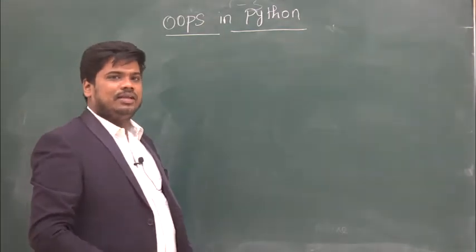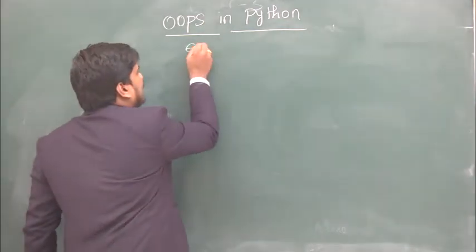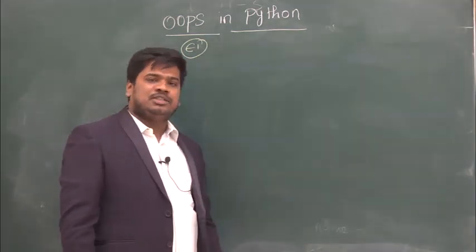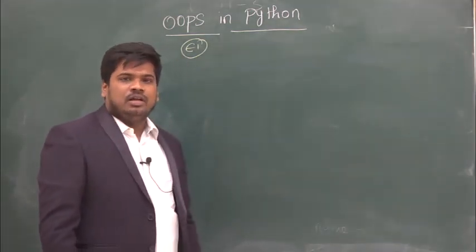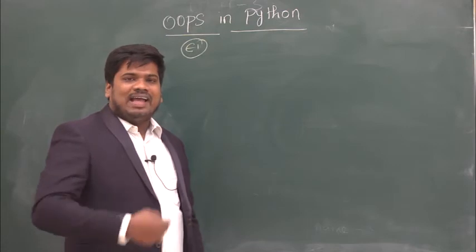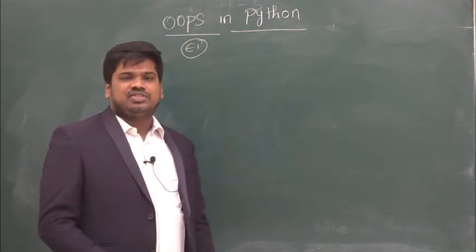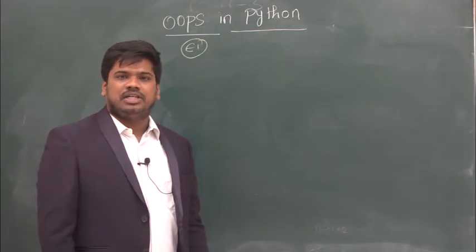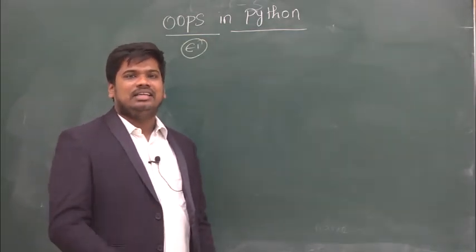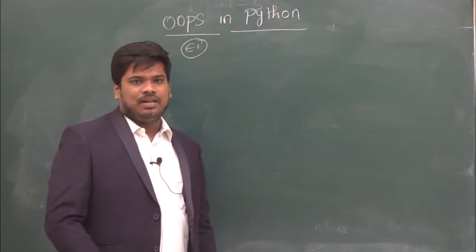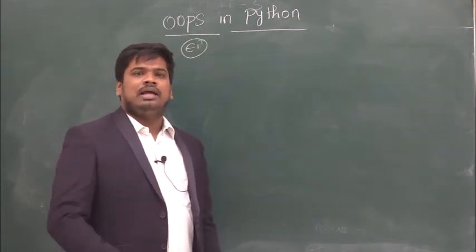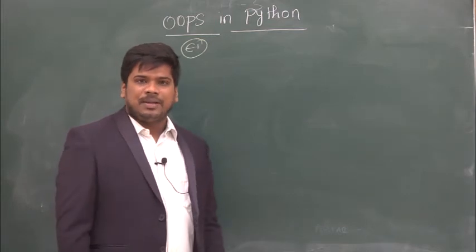In my example number 1, I am explaining the way to access variables and methods by creating an object. I will explain with a simple programming example. In my coming lectures, we will go deep into the programming part.